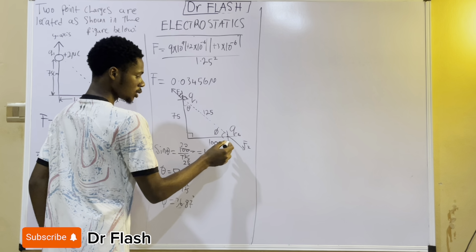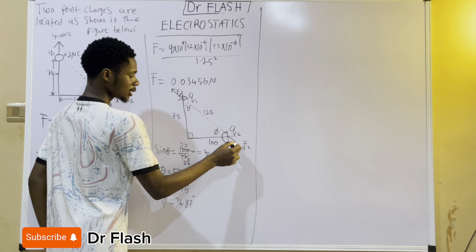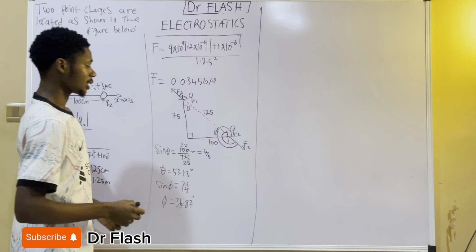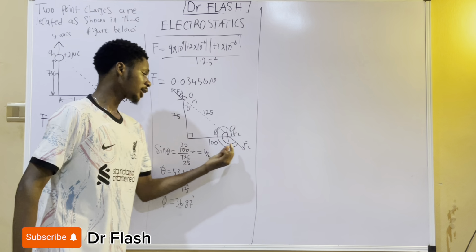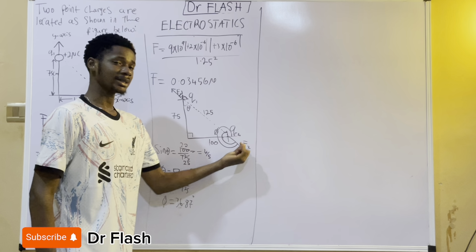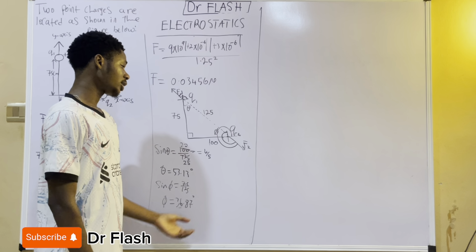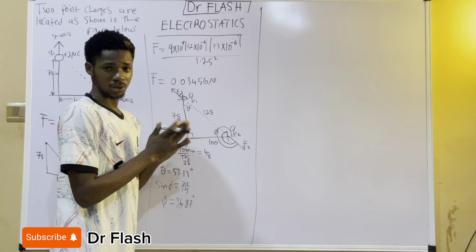And for F2, we're resolving from here to here, positive y-axis, and also from here to here, positive x-axis. Now if you're very good with your resolution of forces, you might want to use the negative side. If you use those parts, you're definitely going to get the same answer. But if you know you're not too good with that, I'm not going to stress you with it in this video.